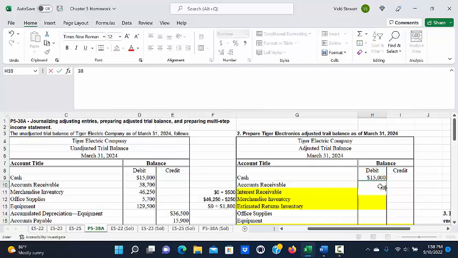Accounts receivable stayed the same, it would be $38,700. We now see that we have an interest receivable account. We didn't have interest receivable on the unadjusted trial balance, so that's going to be a new account, and that balance will be $500.